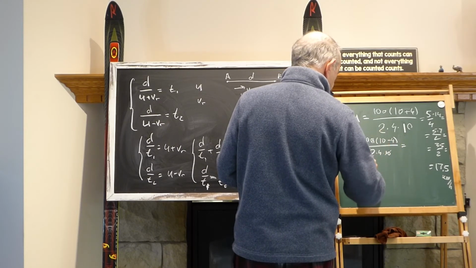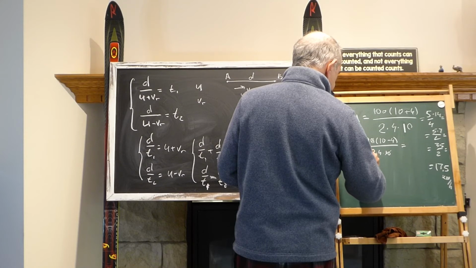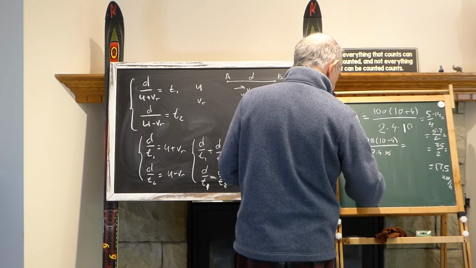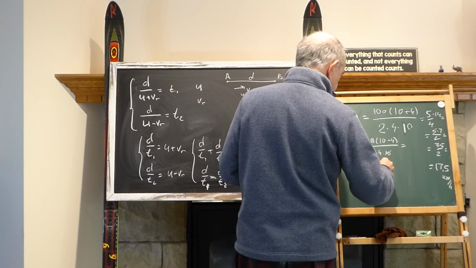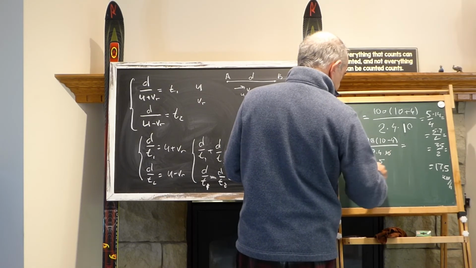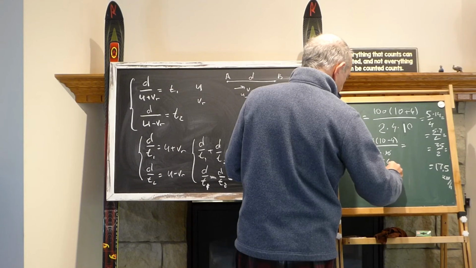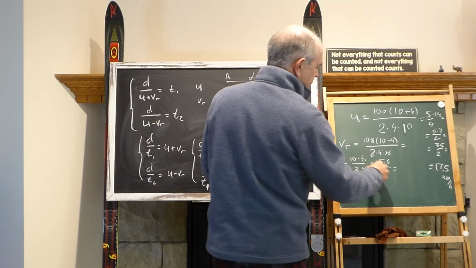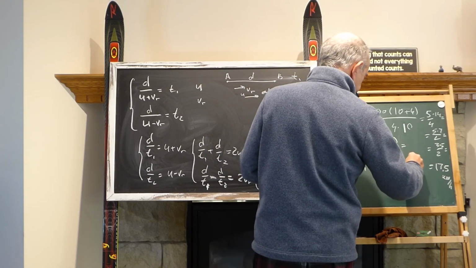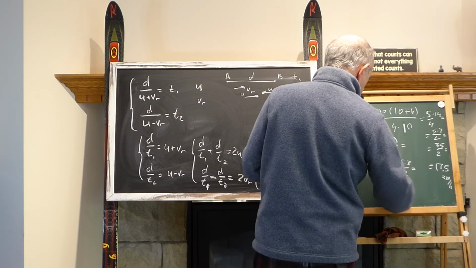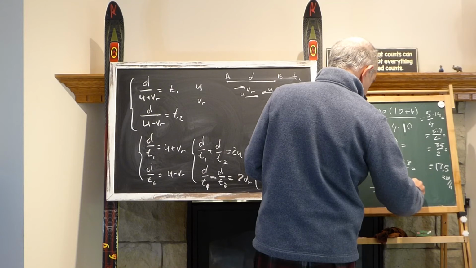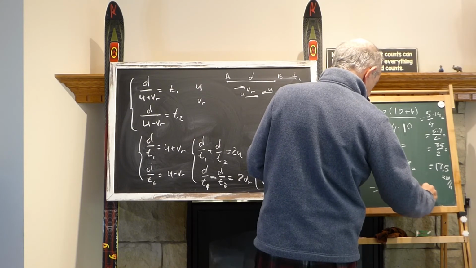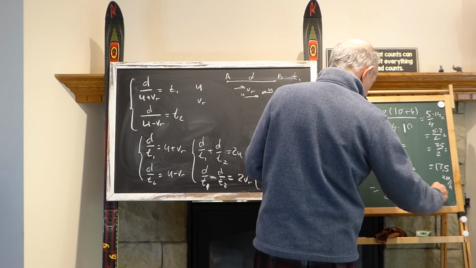This 10 would be gone, 10 minus 4 would be 6, and 10 over 2 would be 5, by 6 over 4, and 5 multiplied by 3 over 2, and this would be 15 over 2, and it would be 7.5 kilometers an hour.